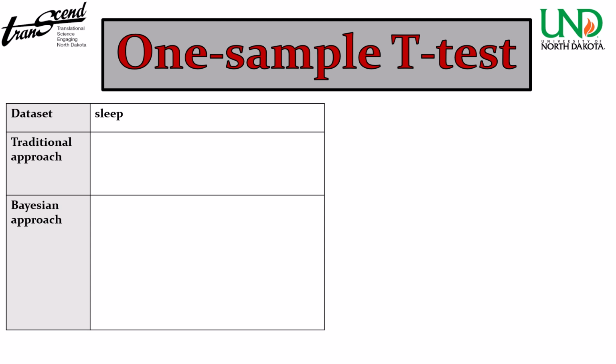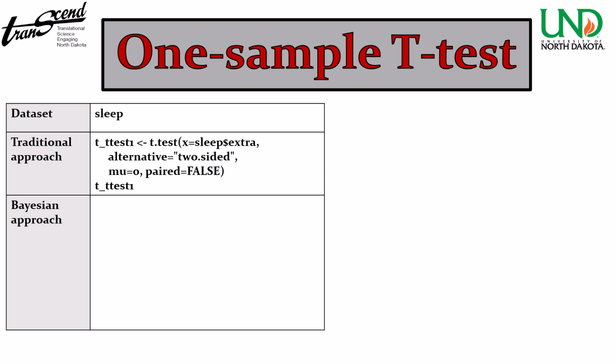Anyways, the traditional approach would be using the function t-test, and we're going to save that as an object. We're going to have this be a two-sided test.